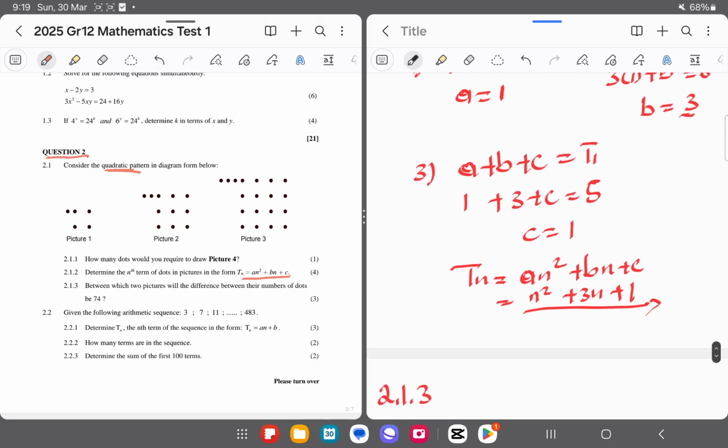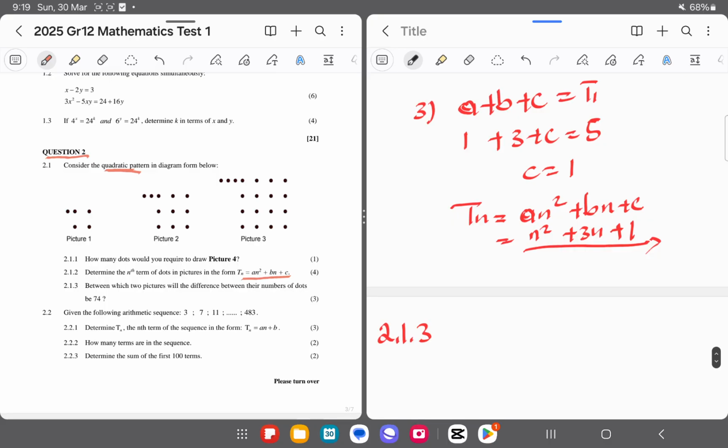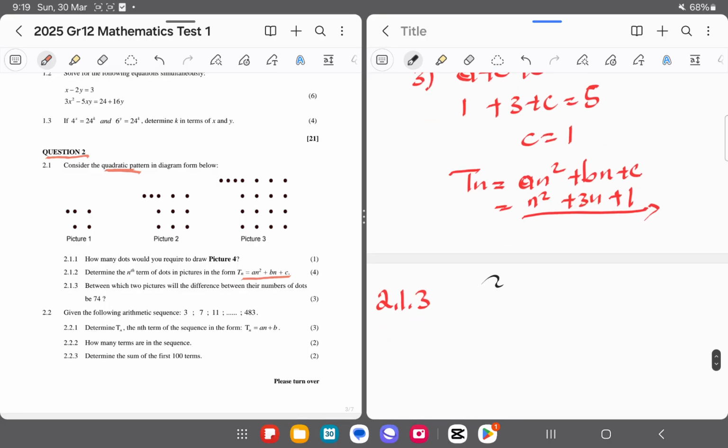Now, check this out. You have 5, 11, 19, and also 29, and we know this number pattern will continue.